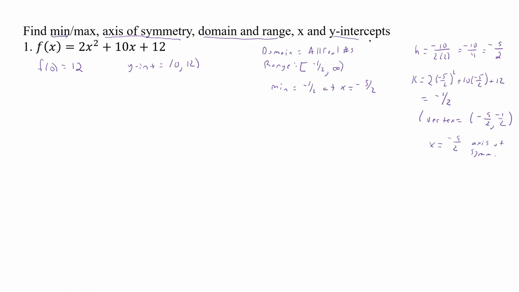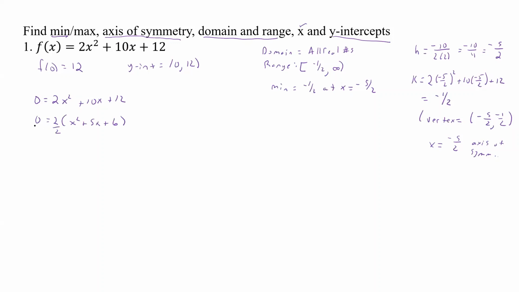We found the y-intercept. And now what we're looking for is the x-intercepts. So the last thing we're going to do is say, okay, 0 equals 2x squared plus 10x plus 12. Now I can factor out a 2 here, so that's 2 times x squared plus 5x plus 6.